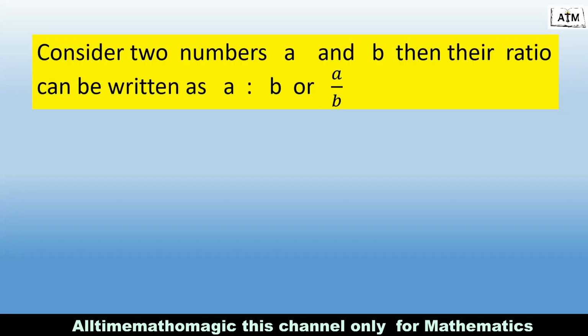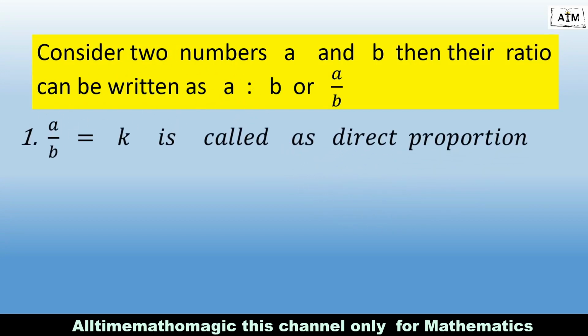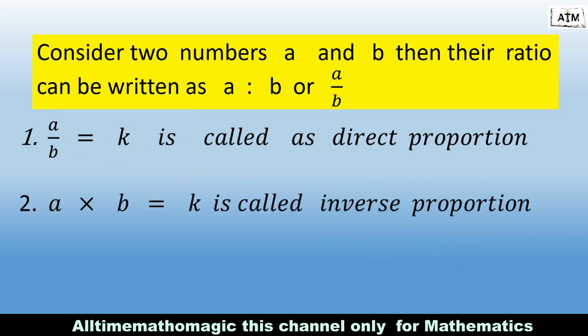Consider two numbers A and B. Their ratio can be written as A is to B or A upon B. Now if A upon B equals K, then the proportion is called a direct proportion. And if A into B equals K, then the proportion is called an inverse proportion.